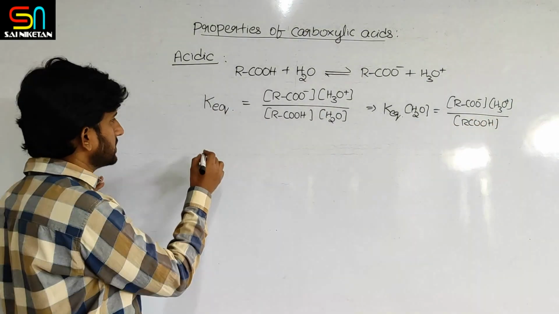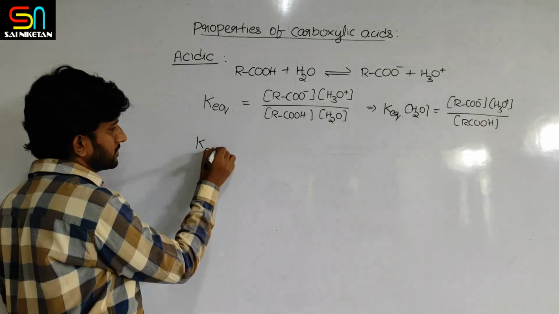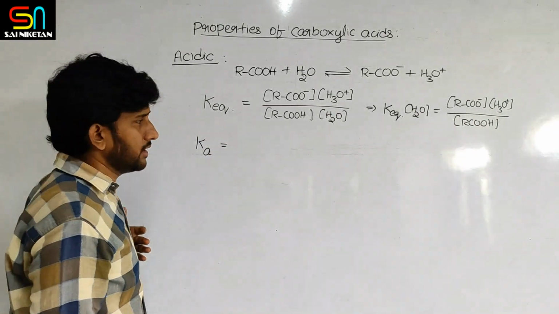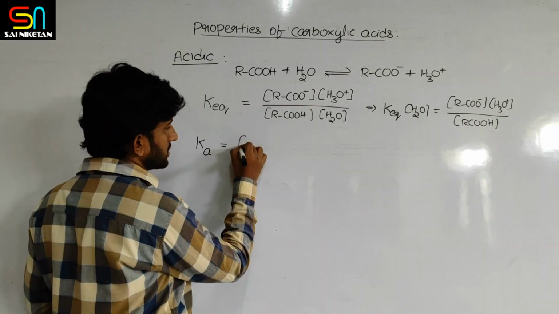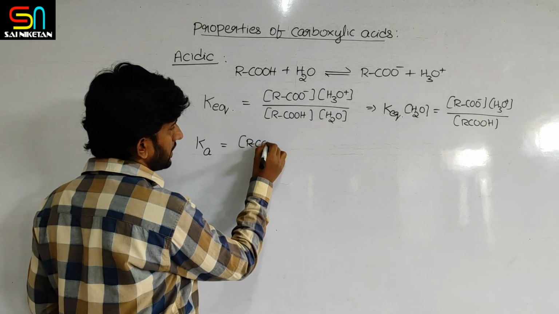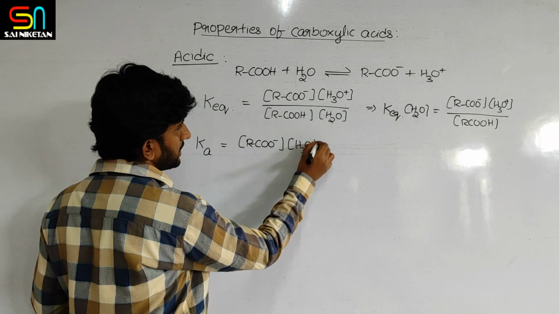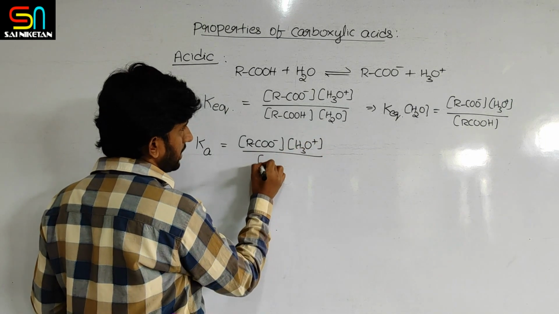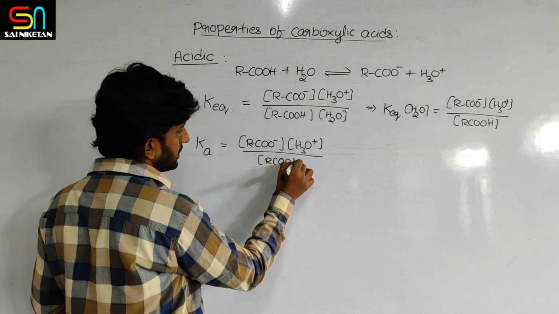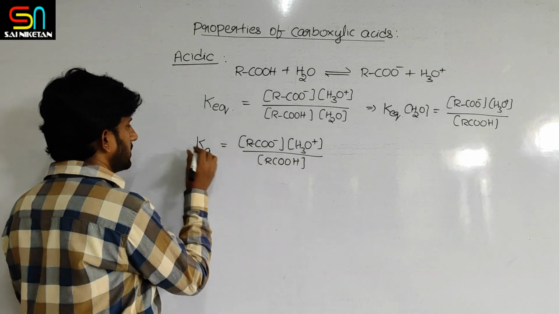That term is nothing but Ka. What is Ka? Acid dissociation constant. RCO minus concentration into H3O plus divided by RCOOH is nothing but the acid dissociation constant.